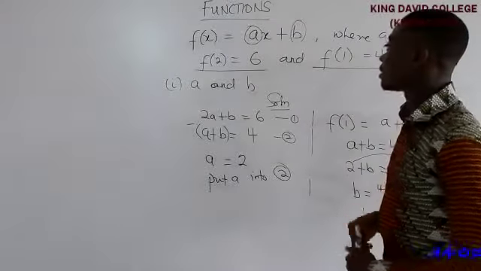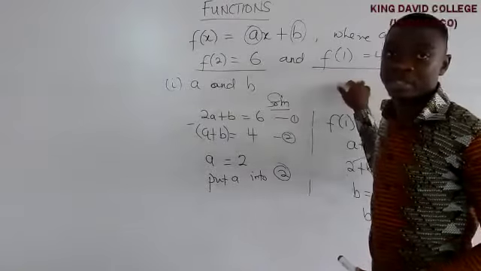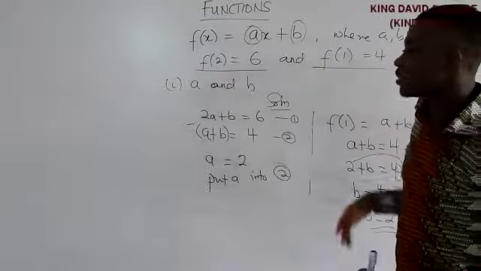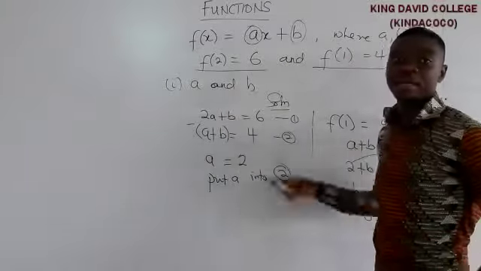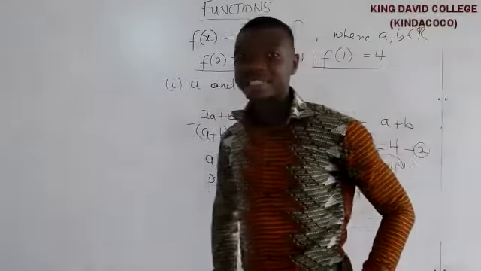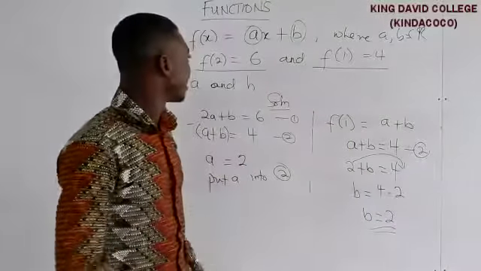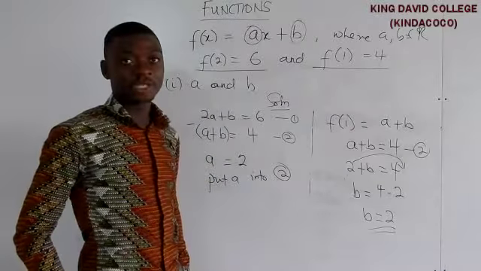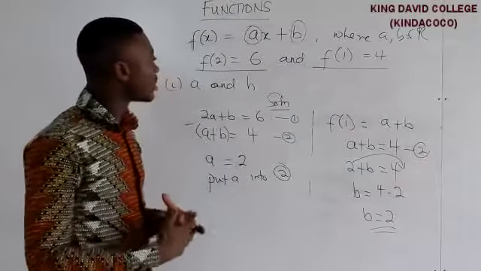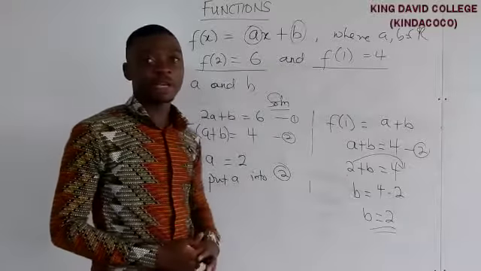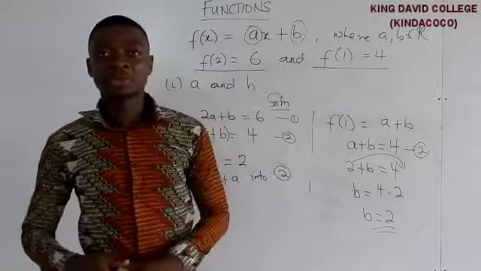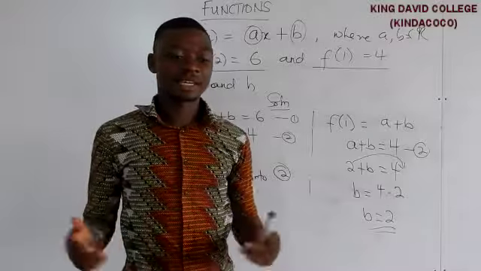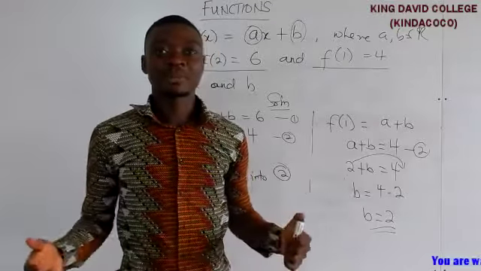So when that happens, we need two images to generate our two equations before we can determine the value of the unknowns within the given function. This is also a question that can be given to you in any case. You can be asked to determine that.